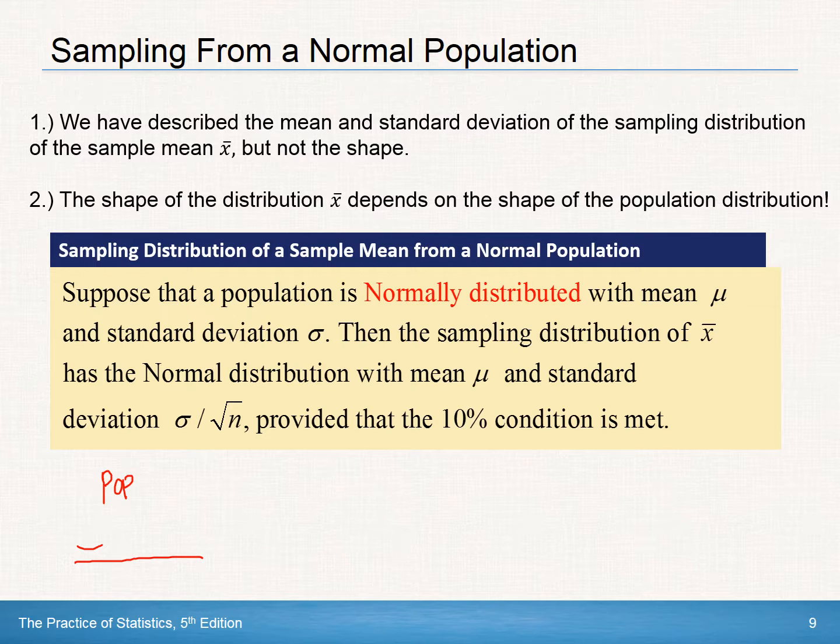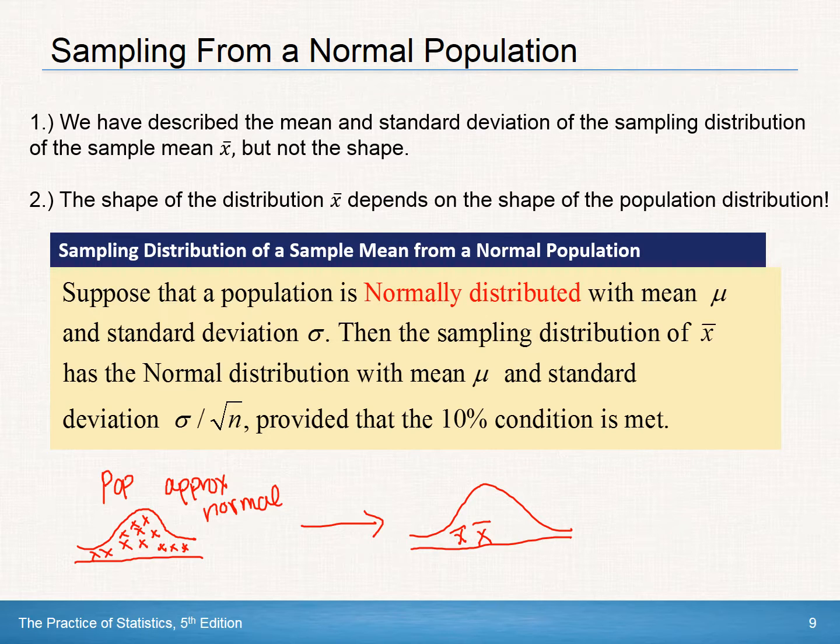Okay, so really what this is saying is, if my population, which is all my individual values, so if the population for the number of movies that we see in a year is approximately normal, remember, nothing is perfectly normal, then the sampling distribution is also going to be normal.